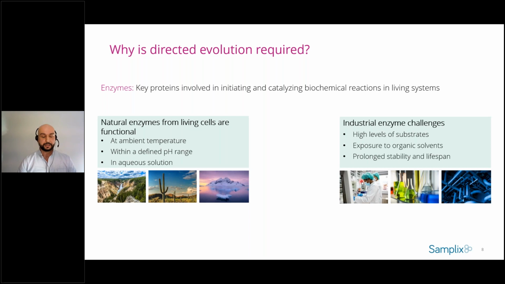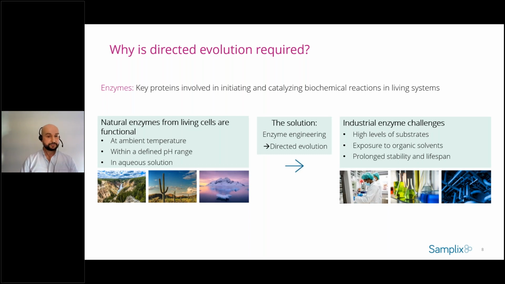So contrary to that, what we need in industry is a totally different condition from what we have in nature. Enzymes were not evolved to function at high levels of substrate, to the exposure of organic solvents, or to be stable and have a long shelf time, for example, in our daily products.